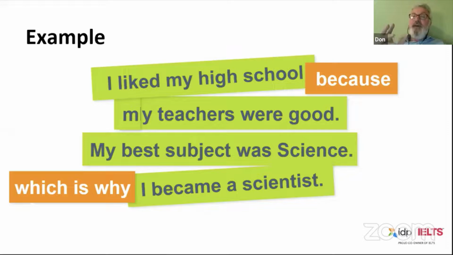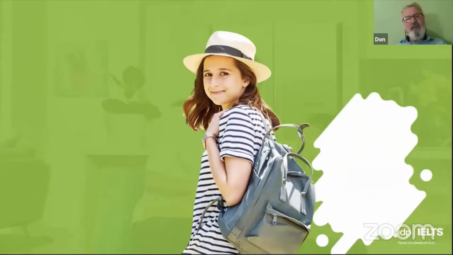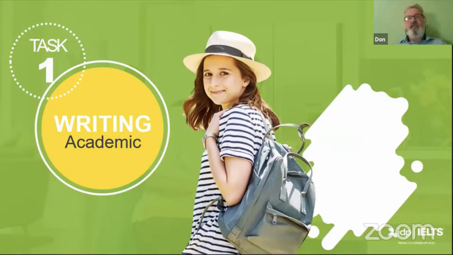Here, you have given the examiner a reason to give you a band 9 because you have shown that you can construct complex sentences accurately. So think about that. Think about different complex sentences that you can use in your writing. And again, you will find these when you read.